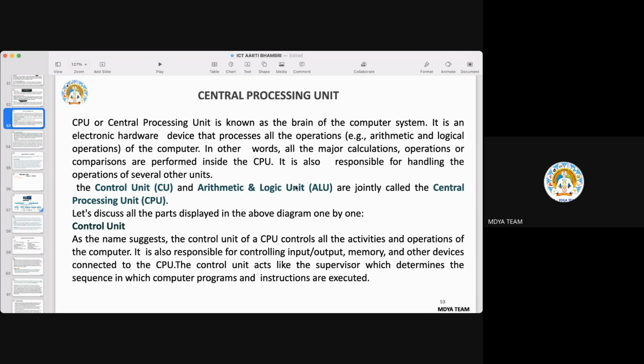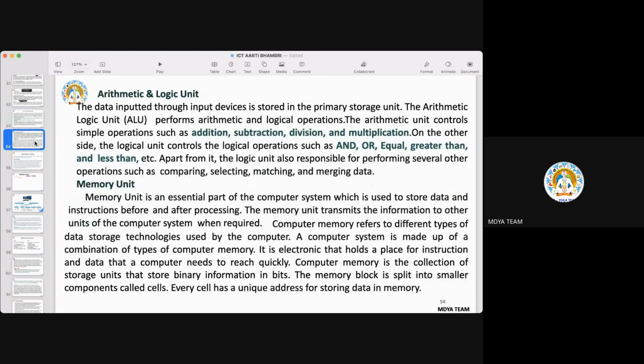So you can say the control unit acts as a supervisor. It checks whether things are running properly, or whatever is required by the CPU to process the data. So it determines the sequence in which the computer programs and instructions are to be executed.